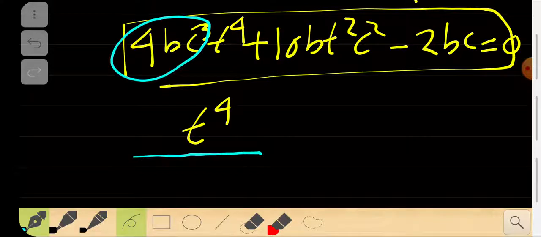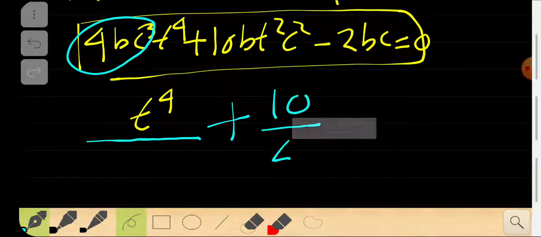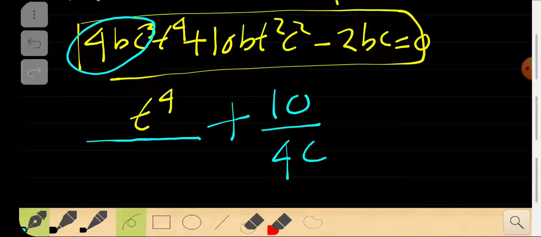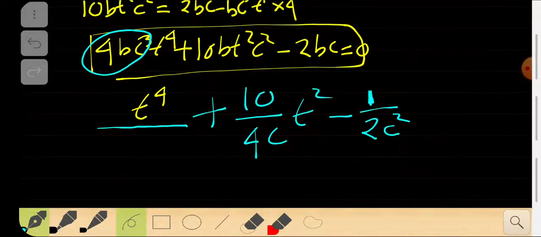So you divide it with that, and you get something, this thing cancels, and plus 10 by 4c t square, it cancels, minus 1 by 2c square is equal to 0.